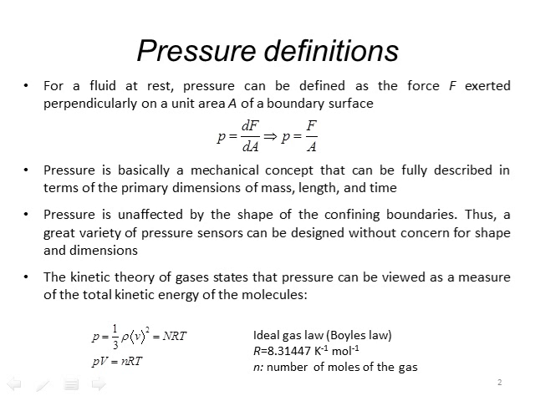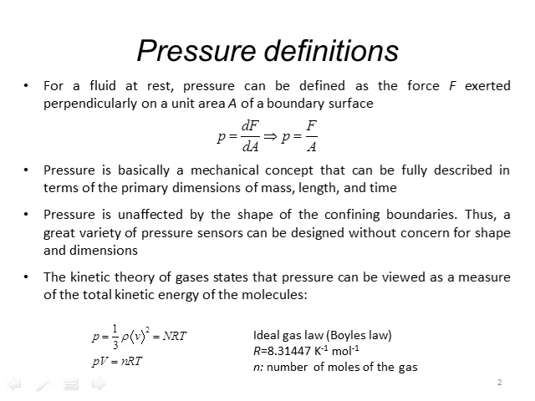Interestingly, pressure is not affected by the shape of the confining boundaries. Thus, a great variety of pressure sensors can be designed without concern for shape or dimensions. And in case you don't know it, because we are dealing also with pneumatic systems, the kinetic theory of gases states that pressure can be viewed as a measure of the total kinetic energy of the molecules.